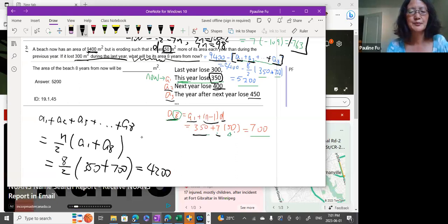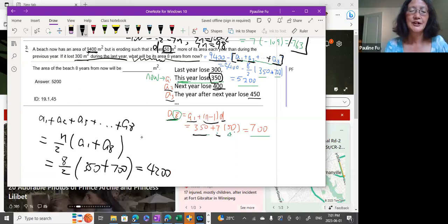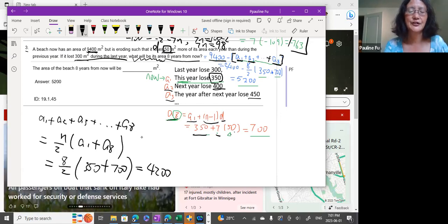This is our total area lost over the next 8 years.